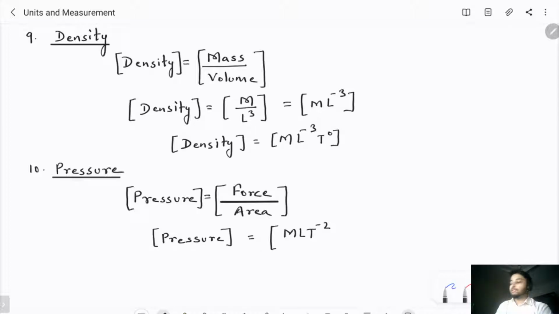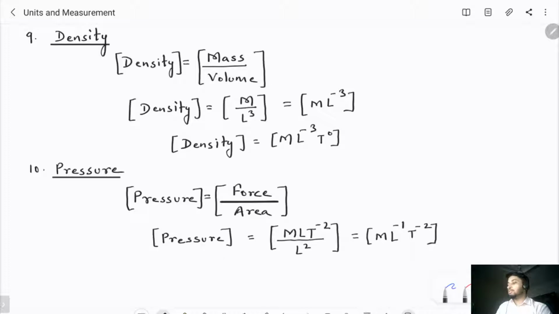So if we know the dimensional formula for anything, we can use it directly, divided by dimensional formula for area, that is L square. So this will become upon simplification M L to the power minus 1 T to the power minus 2.